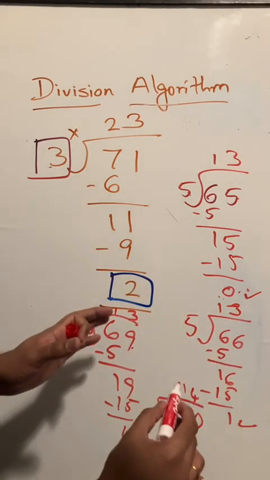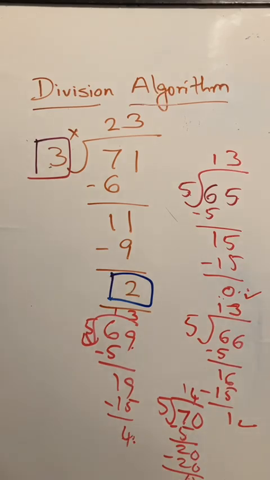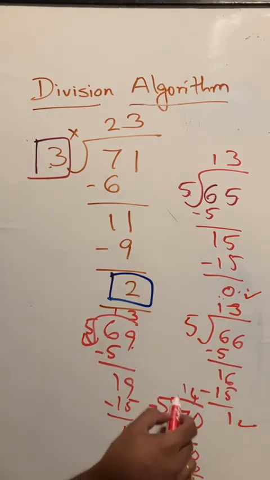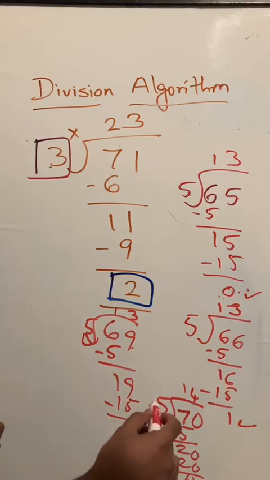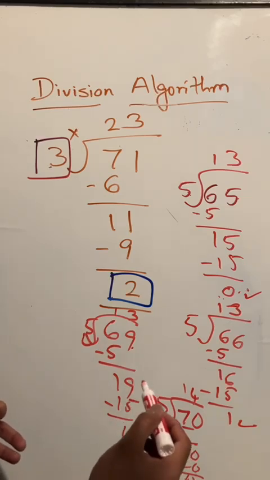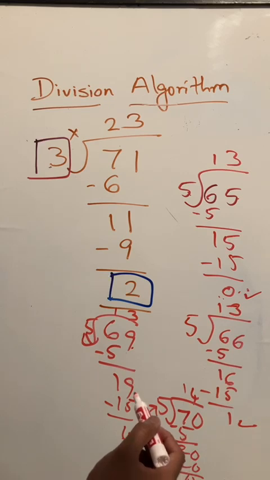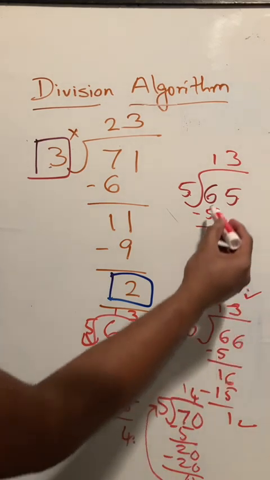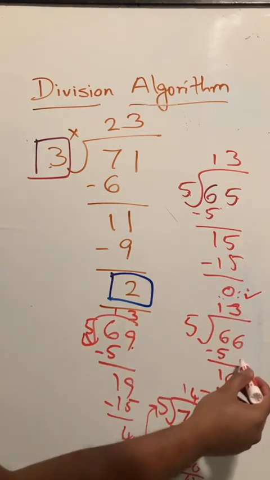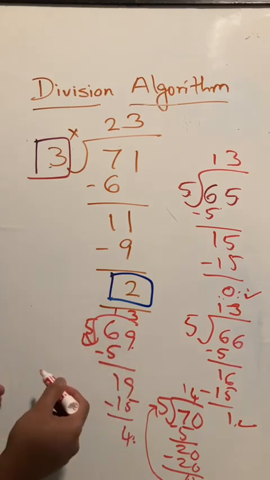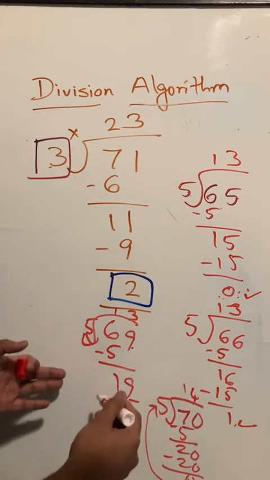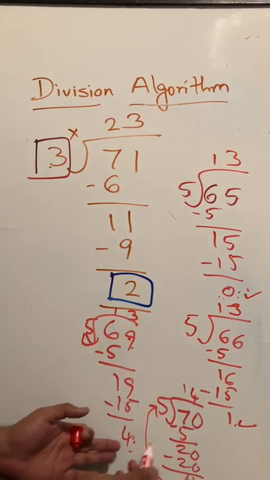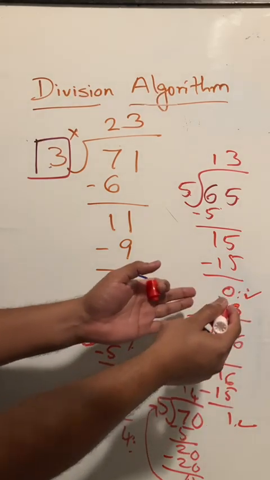So whenever we go to the closest one, the remainder is always less than the divisor. So what is the number we chose to divide with? When we divide 65, we get 0, 66, 1, 67, 2, 68, 3, 69, we got 4, 70, again we go back to 0.